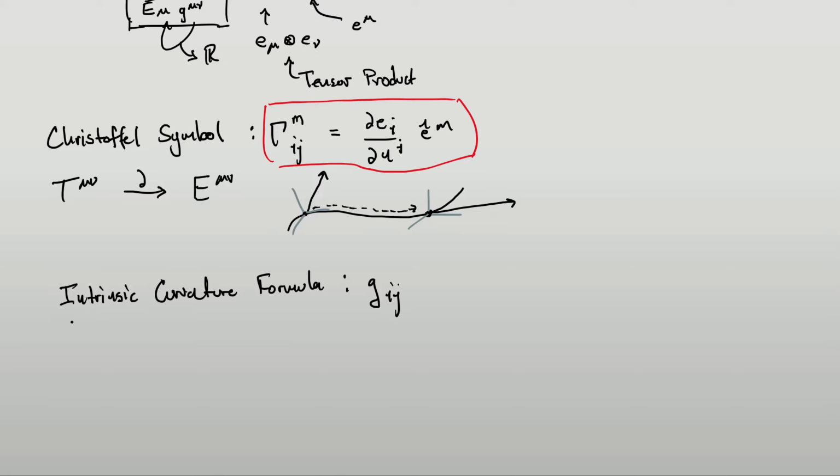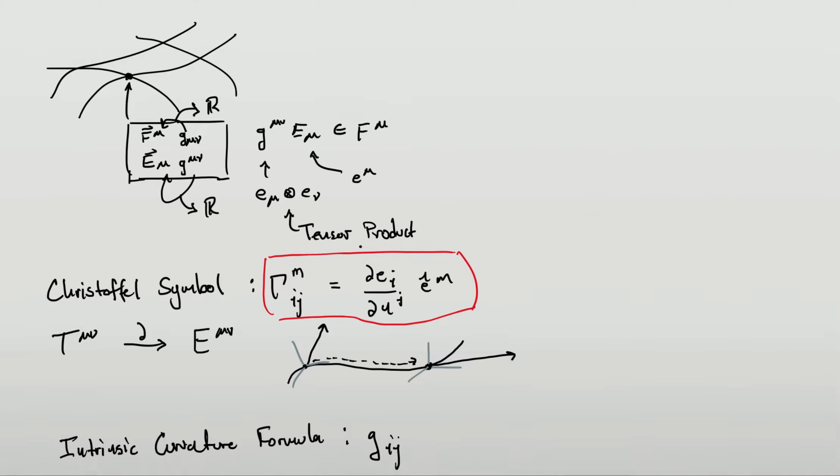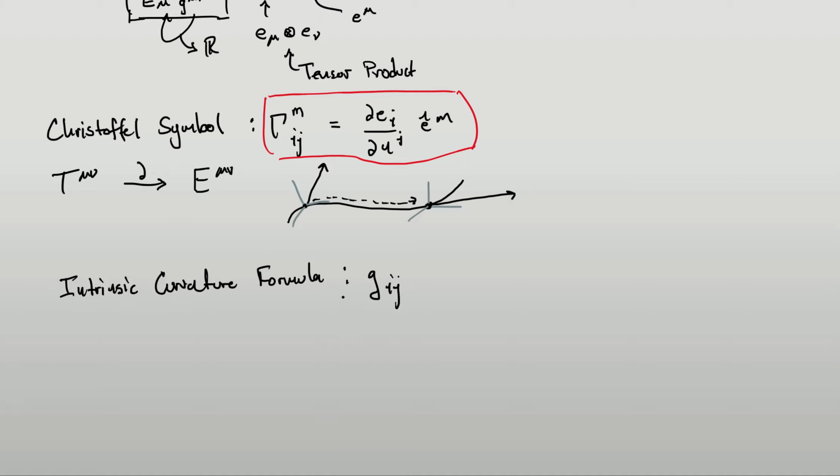The reason this is called the intrinsic curvature formula as opposed to the extrinsic is because we make reference to g_ij. And if we remember, g_ij is this little tiny machine that is embedded within every point in space, right? What this is going to help us do is say: we have some space, and we have a point embedded in that space in which we have g_ij.